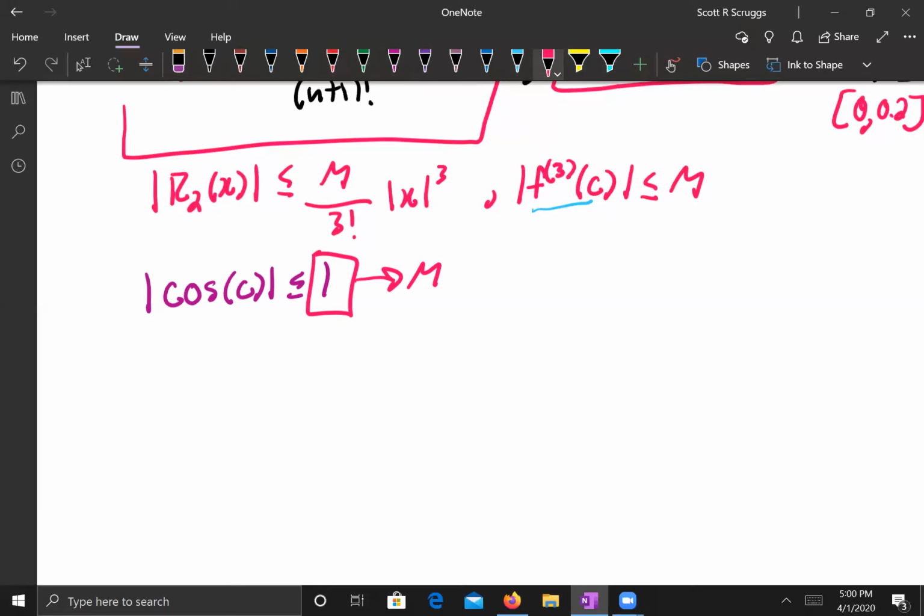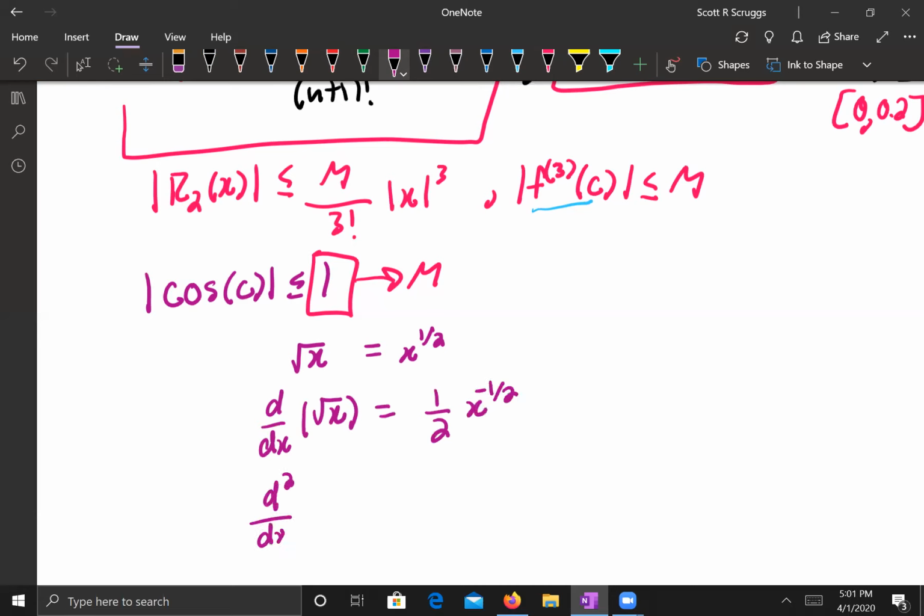So let's pretend it wasn't sine or cosine that we were working with. Let's talk about the process of how to do that. Let's say I still had a second order polynomial, but it was square root of x. So that means I need the third derivative. Let's go ahead and take those derivatives. So 1/2 x to the negative 1/2.